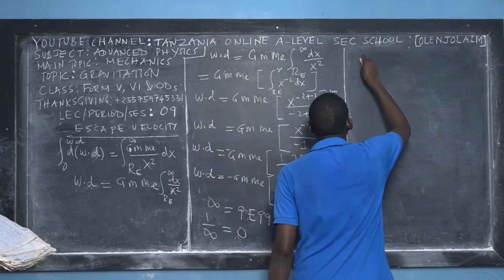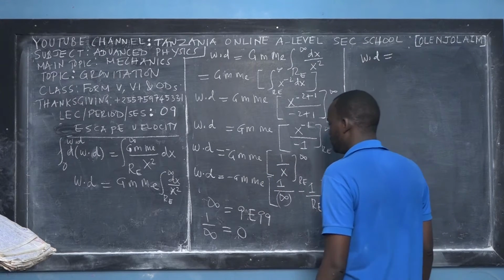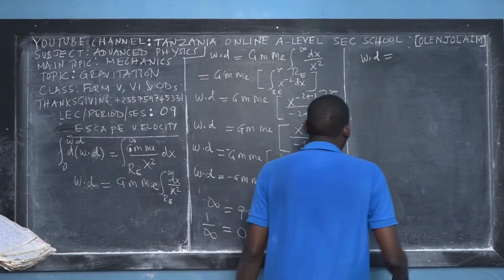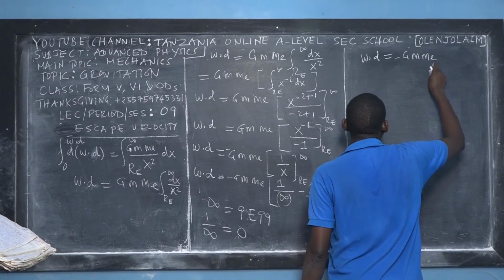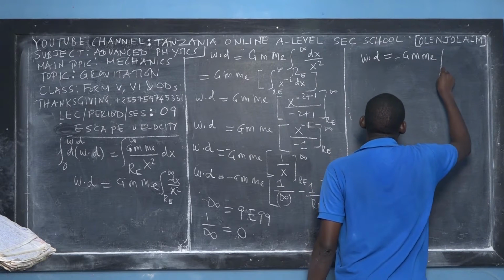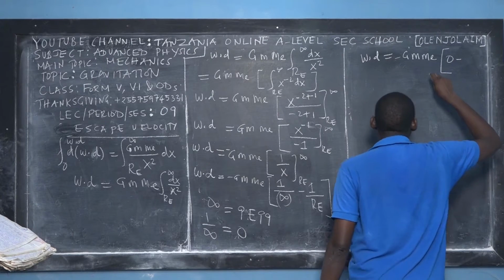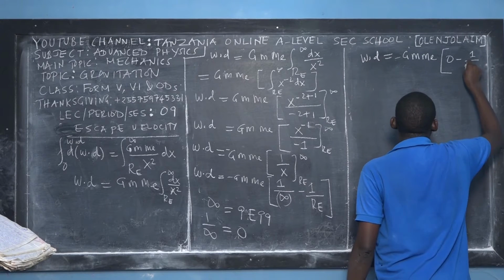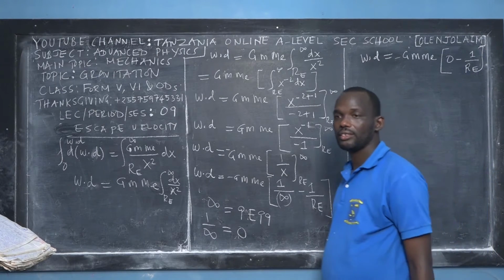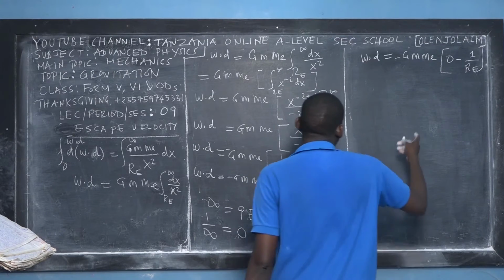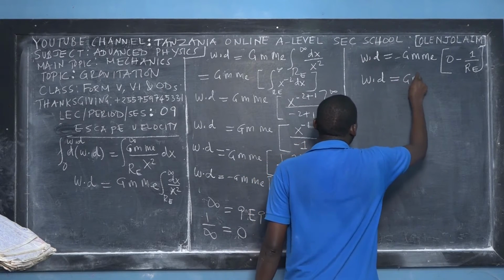So if that is the case, now we say the work done, we are still discussing work done, we didn't start even the escape velocity. So we say that this is equal to negative G, mass of the body times mass of the Earth, and then here we have 1 over infinity, I told you it is 0, minus 1 over radius of the Earth. So 0 minus that one remains negative.